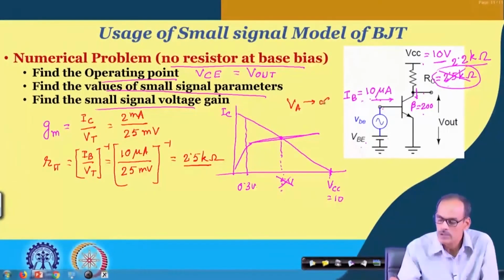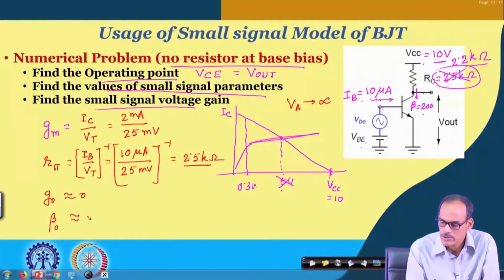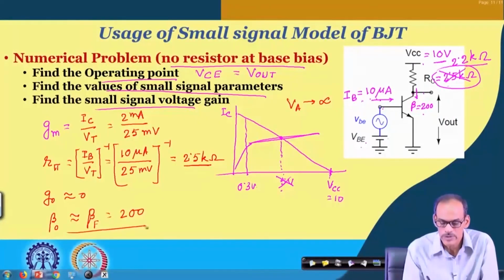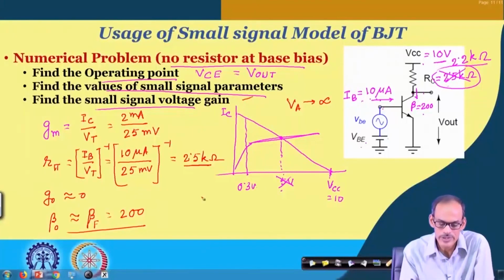So, you may say that output conductance is 0, and then beta naught you can approximate to be beta f, which is 200. So, from that you can find what will be the small signal voltage gain.